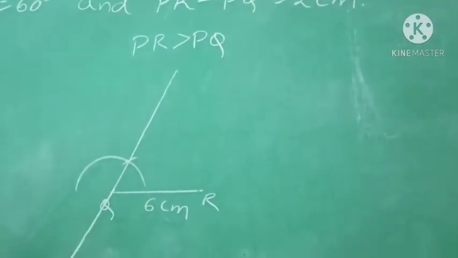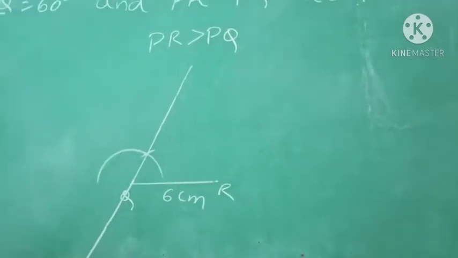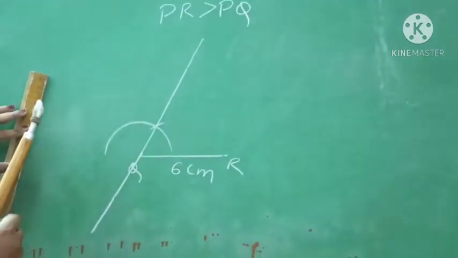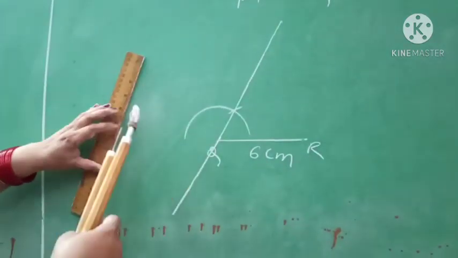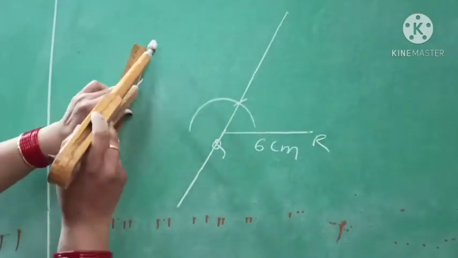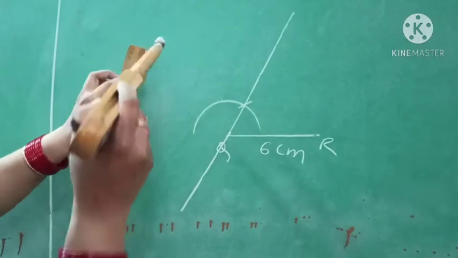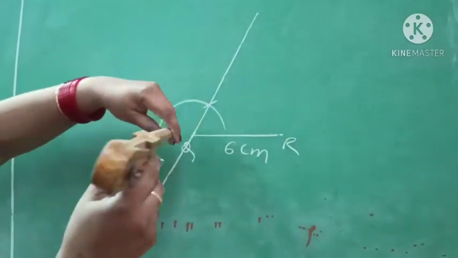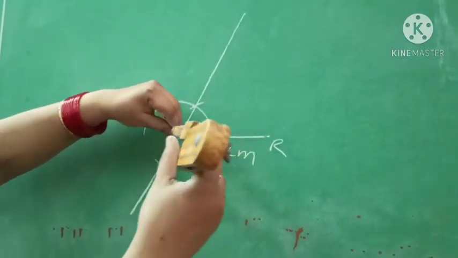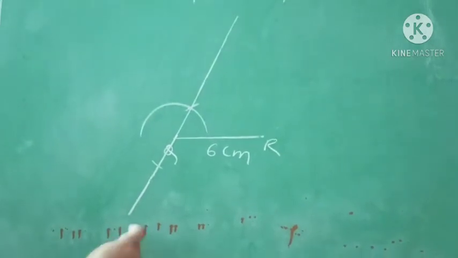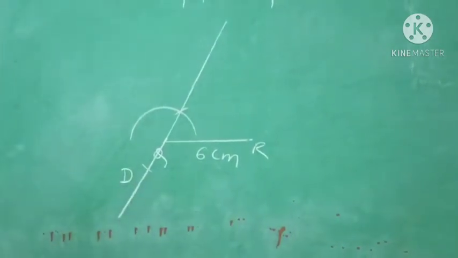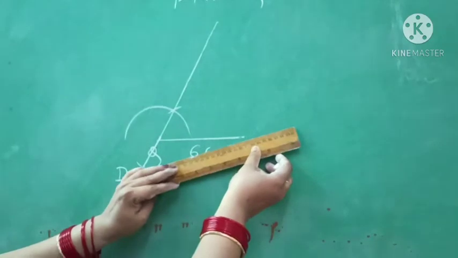Now we have to extend and mark 2 centimeters on extending backwards. Now name this as D. Now join DR.